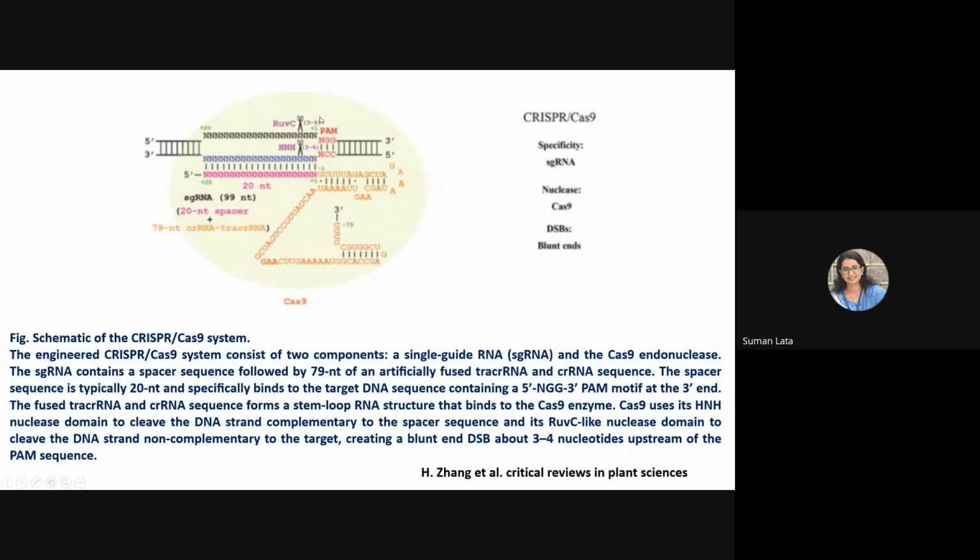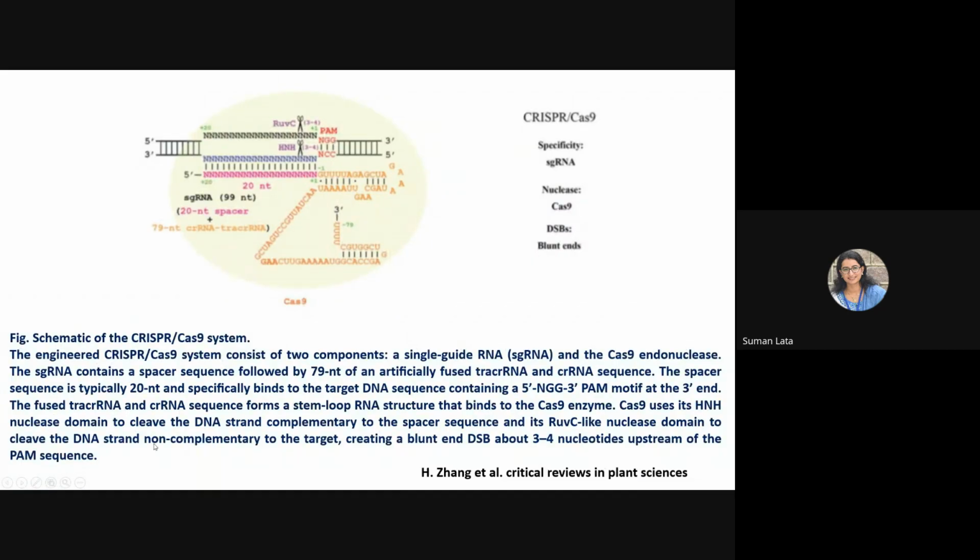The PAM sequence for Cas9 is NGG. So where the PAM is present, only there this spacer sequence will bind. It is present at the 3' end of the target.